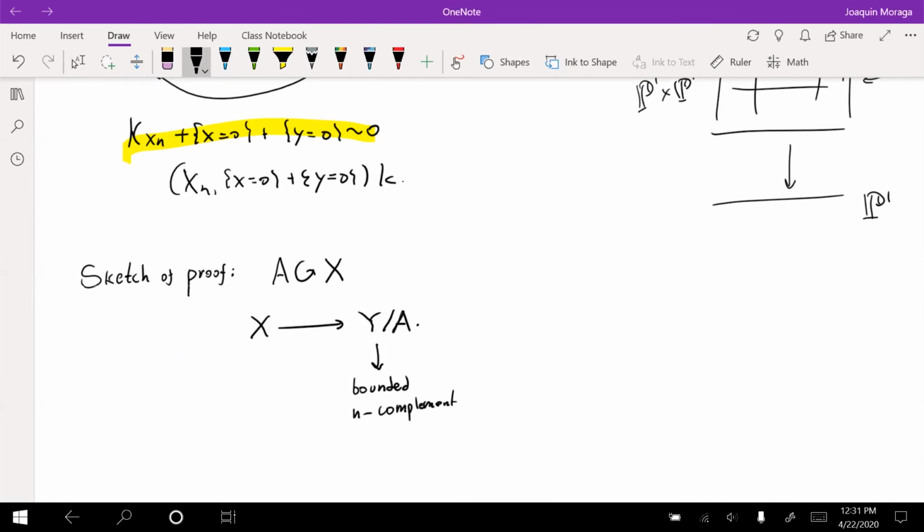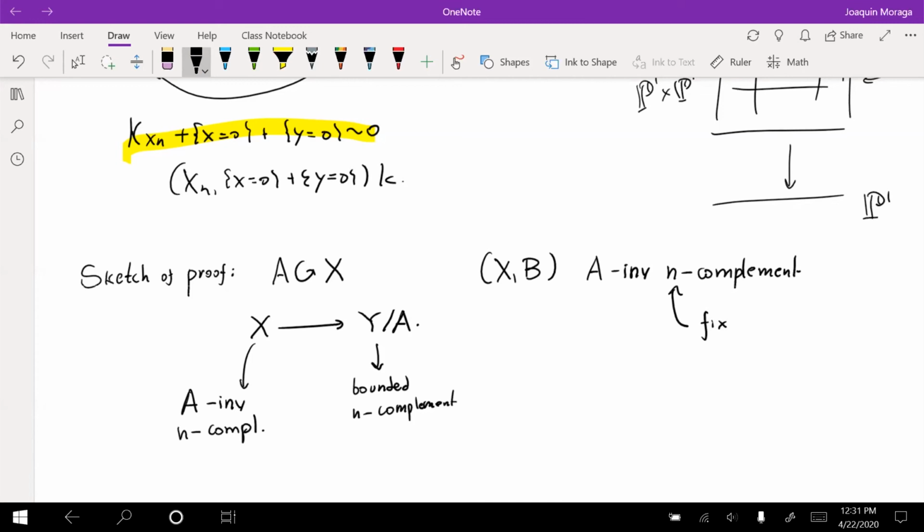And then you put it back, and what you obtain here, that I will call (X, Δ), is an A-invariant n-complement. So then the question is the following: you have a finite variety and an A-invariant n-complement. n is fixed. It only depends on the dimension, because when you quotient, the coefficients that you obtain are standard. So the set of complements doesn't depend on the coefficient set.